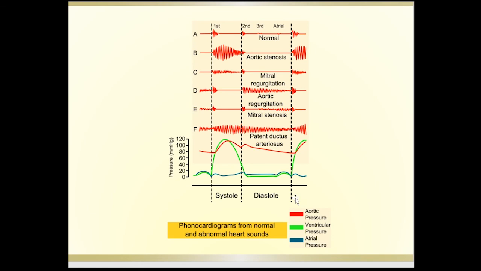So what do the heart sounds look like? We have normal heart sounds and abnormal heart sounds, and the sounds from different valves are a little bit different. But generally speaking, our heart beat separates into two parts, systolic part and diastolic part.